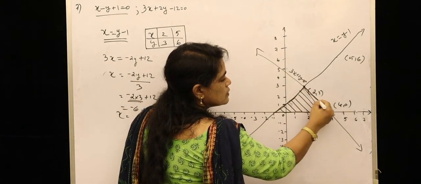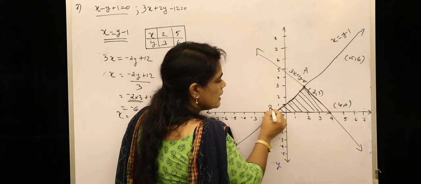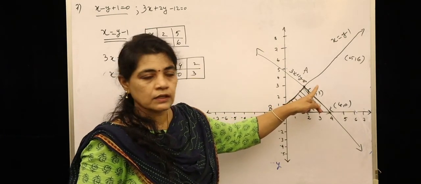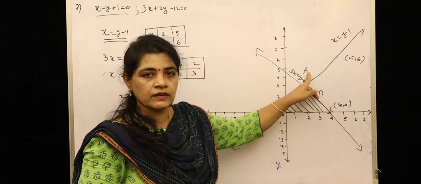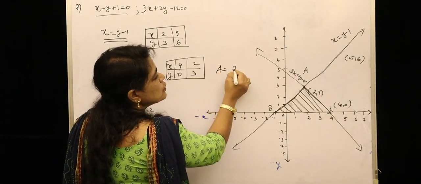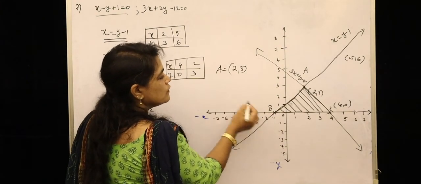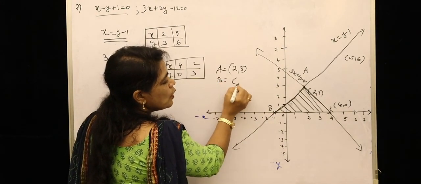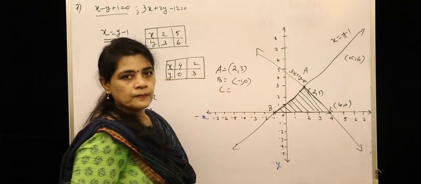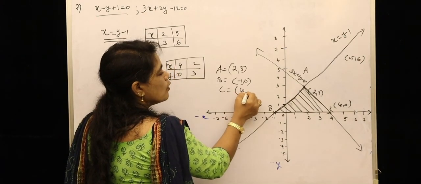So we can name the vertices this as A, this is B, and this is C. The vertex A represents the point A equal to 2, 3, the coordinates of the vertex B are -1, 0, and for vertex C, its coordinates are 4, 0.